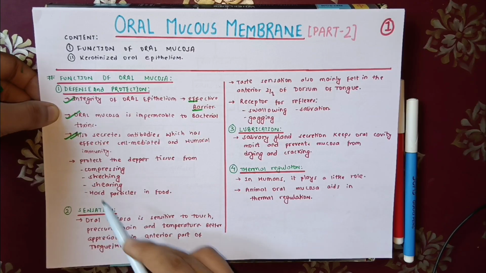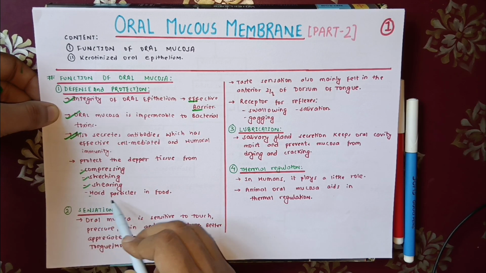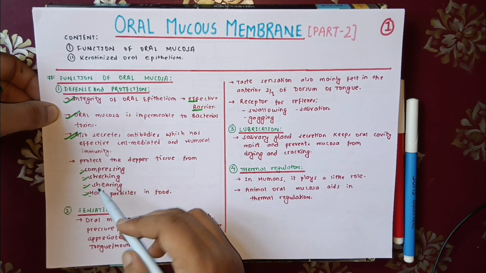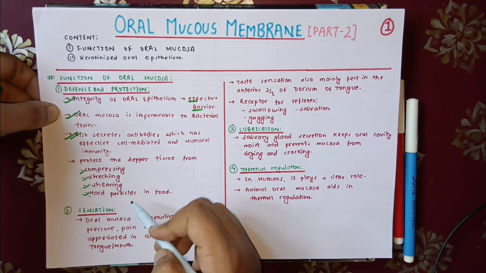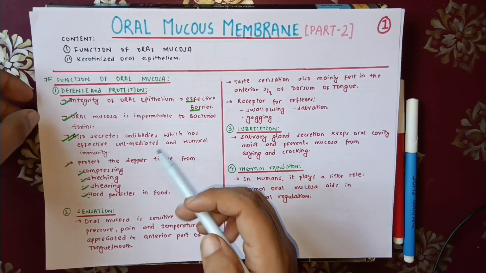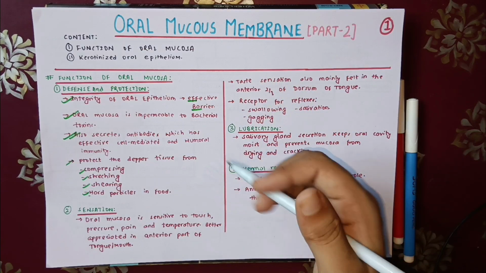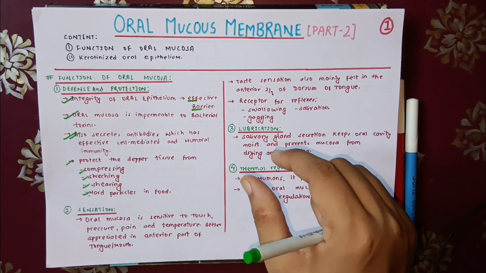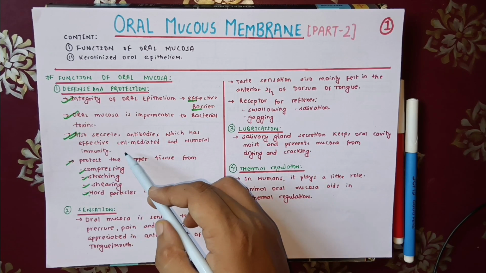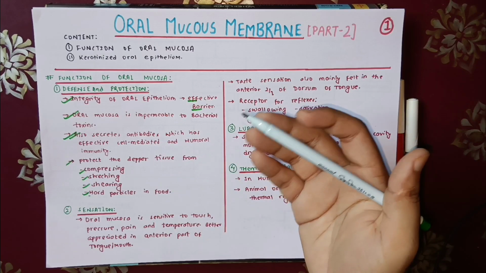After that, in the next point, it protects the deeper tissues from compressing, stretching, shearing forces and hard particles in the food. In this defense and protection function, you just have to remember that our oral mucosa forms a proper effective barrier, and it also secretes different kinds of antibodies that are effective by cell mediated or humoral immunity.